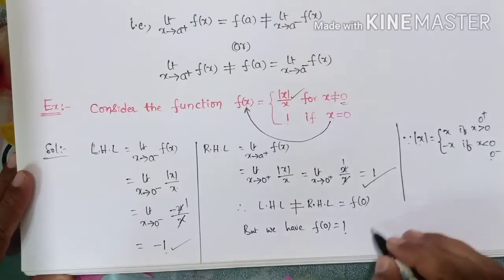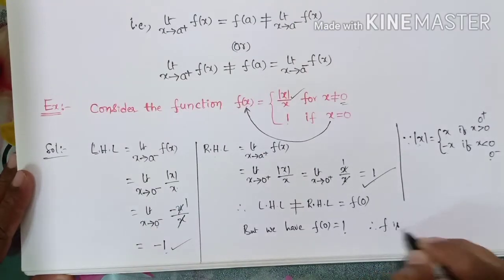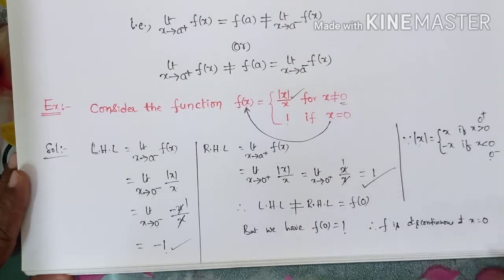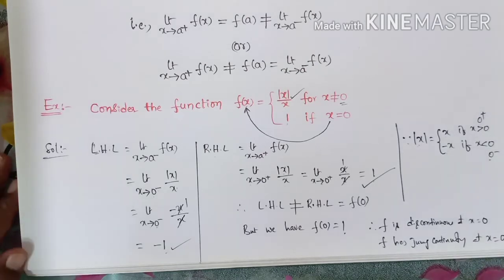Therefore, f is discontinuous at x is equal to 0. Discontinuity of first kind, or you can say f has jump discontinuity at x is equal to 0.